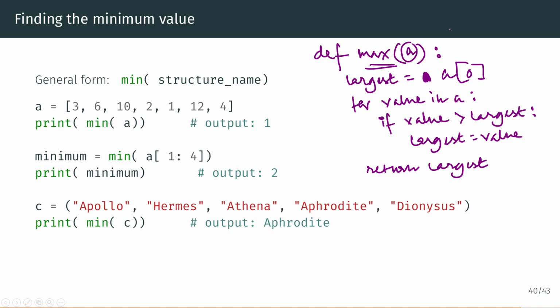It can be anything. This is how you would define your own max function. Similarly, you can define your min function in this way. All you need to do is say smallest equals A[0], and then if value is less than smallest, smallest equals value, return smallest. So that's how you write your own max or min function.